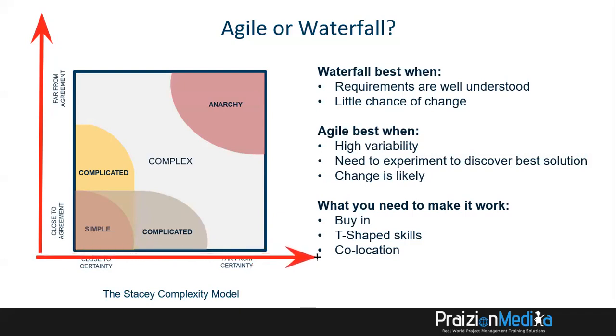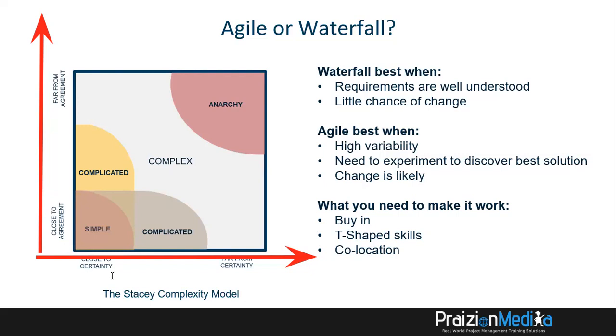So whether you're talking about close to agreement about requirements or close to certainty on requirements, or close to certainty on technical, or far from certainty on technical, the concept is the same.